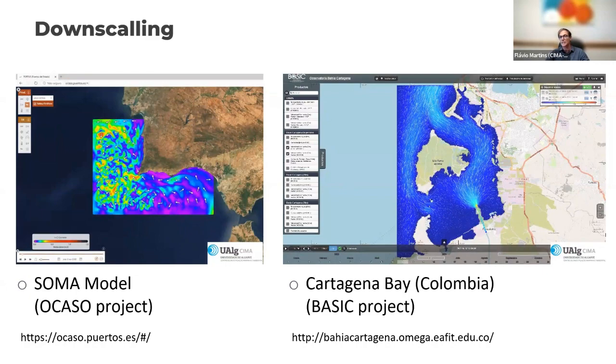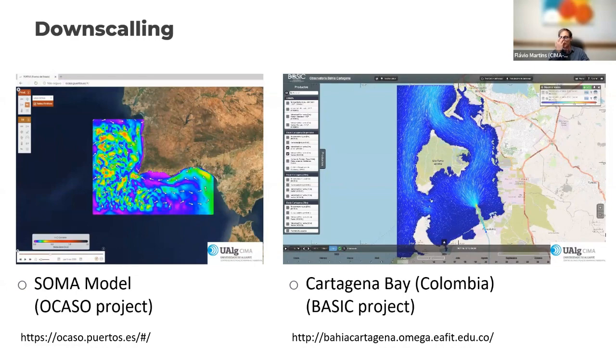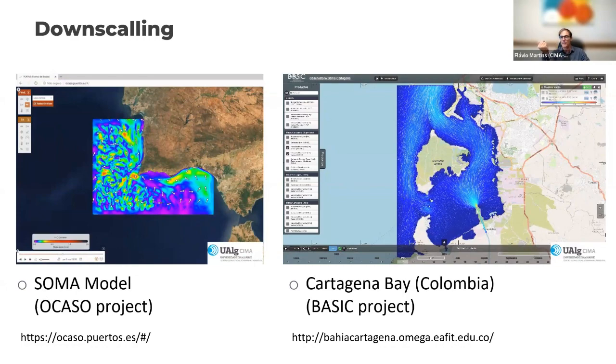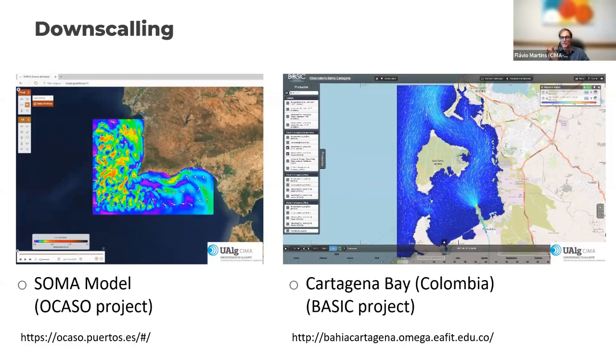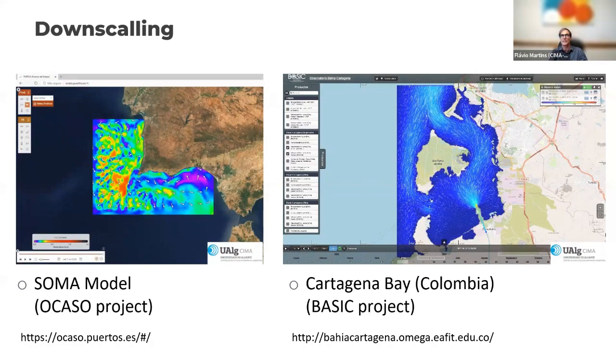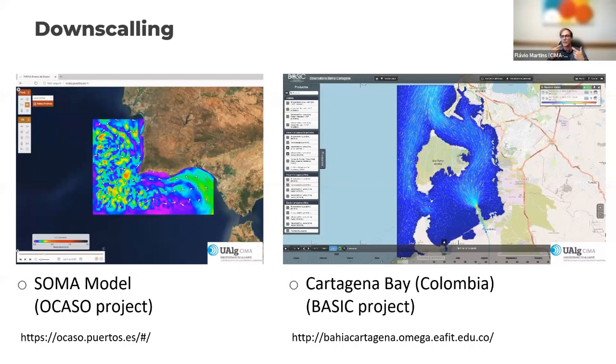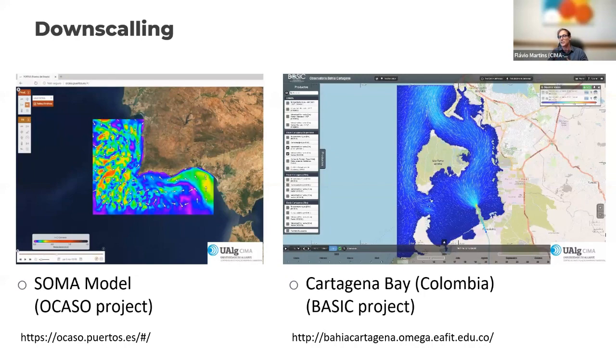What do we mean by operational models? It means that this model is doing forecasts. This model is running every day, so we have automatic methods of constructing the data to run the model, and automatically running the model and displaying the results.